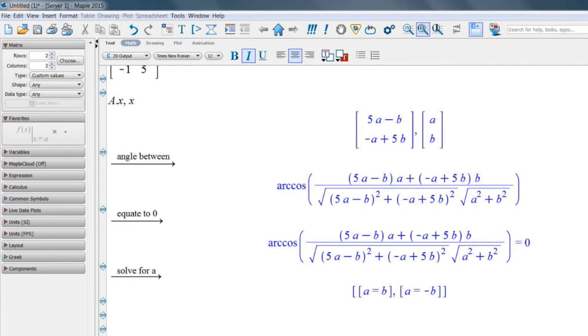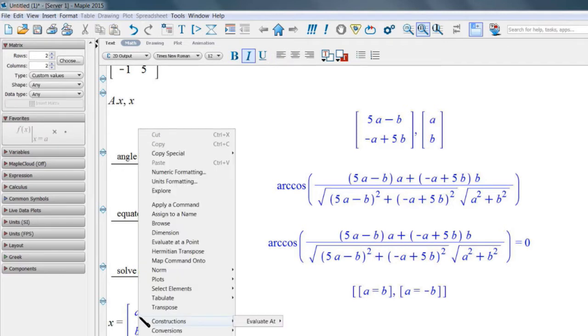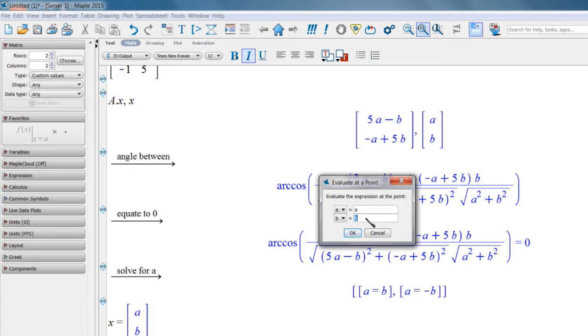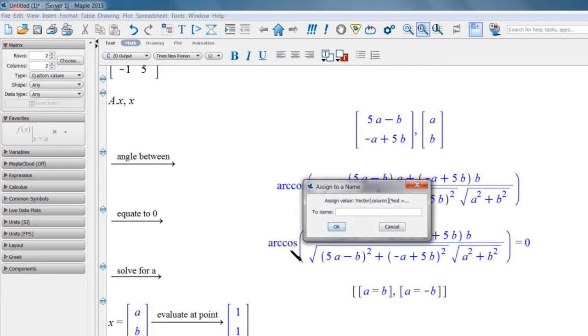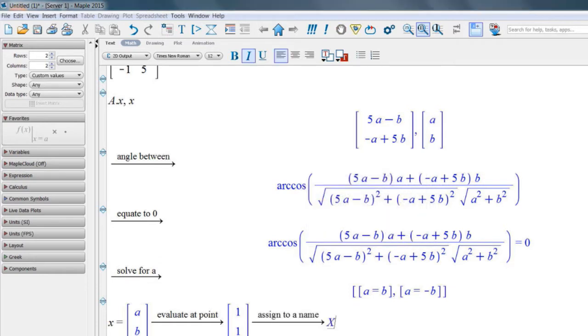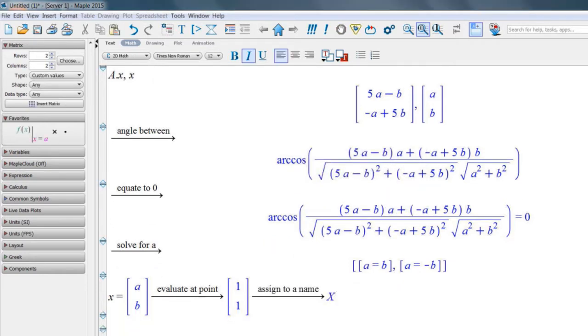Suppose I solve for A, and I have two solutions, A equals B and A equals minus B. Well, what are those vectors? What vectors would I get if I said A equals B and A equals minus B? So if A equals B, I'll make them both 1s and call this capital X. Yes, I had used that before, so please do it again.